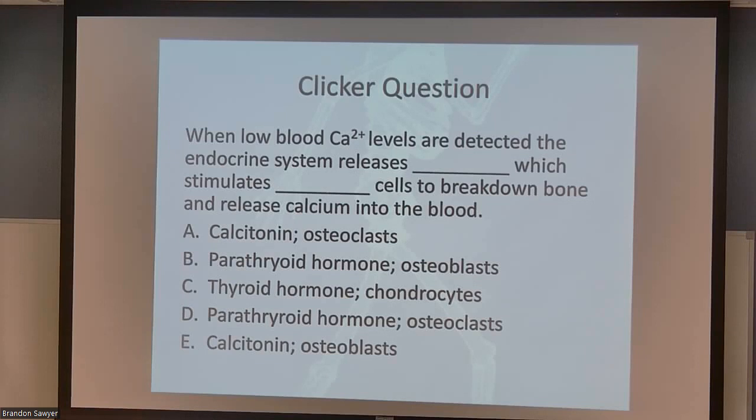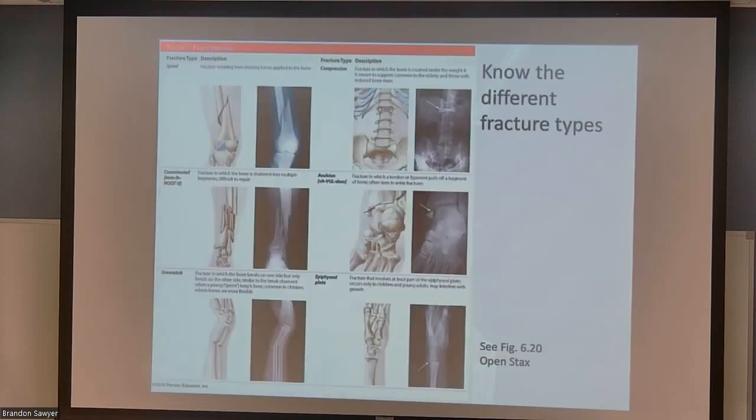All right, so the vast majority of you are putting D for this one. So when low blood calcium levels are detected, the endocrine system releases parathyroid hormone, which stimulates the osteoclast to break down bone and release calcium into the blood. Okay, let's keep going.